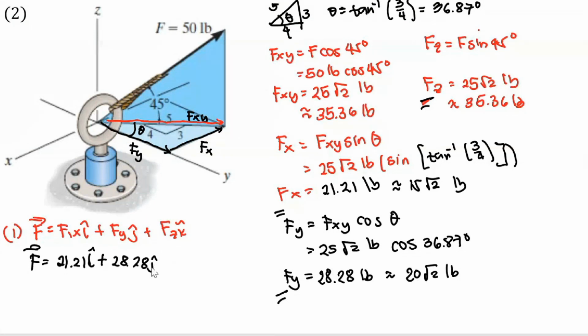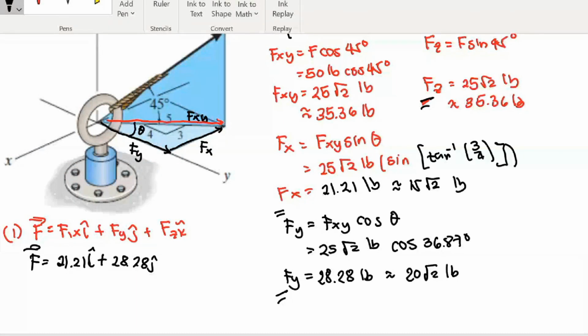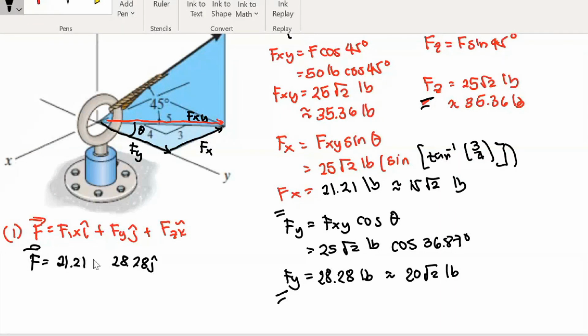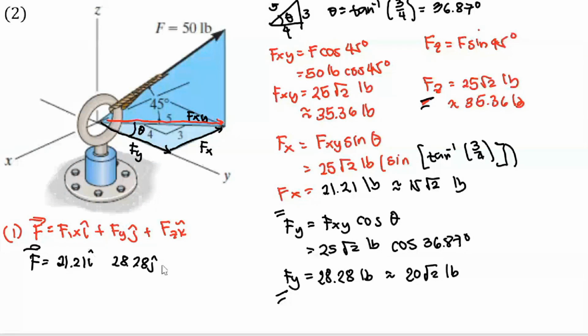Again, presence of mind, kailangan natin i-determine yung ating sign. I will be writing first yung mga magnitude, then babalikan ko. 35.36 K hat. Okay, let's check.